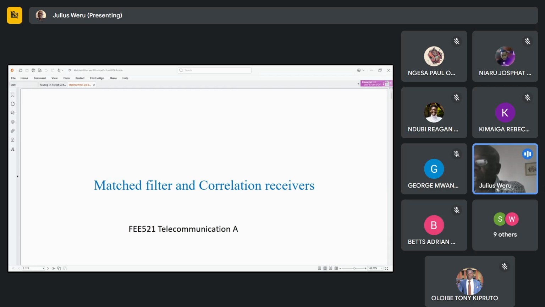So in the case we are going to look at the matched filter, you look at when you have symbols. Those symbols could be from baseband transmission or passband transmission, but we'll concentrate more on where it is from baseband transmission.